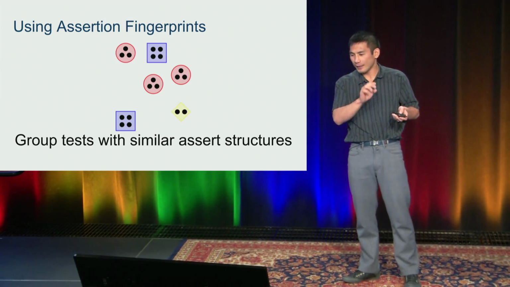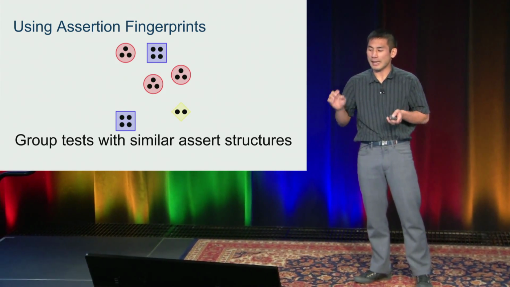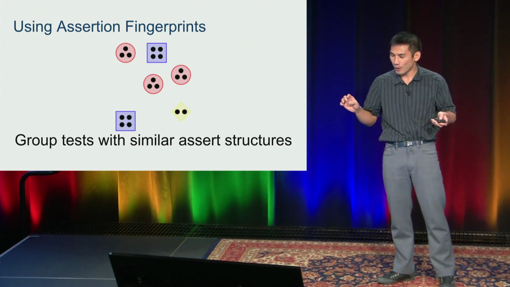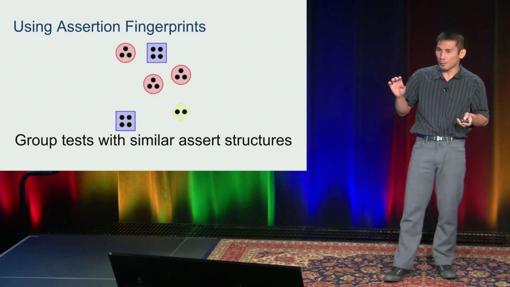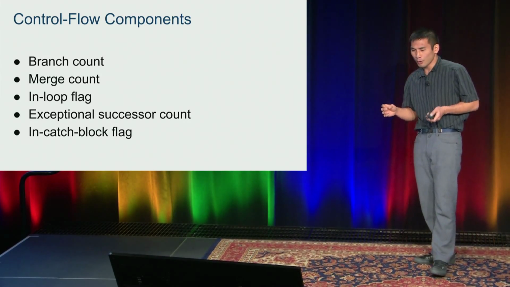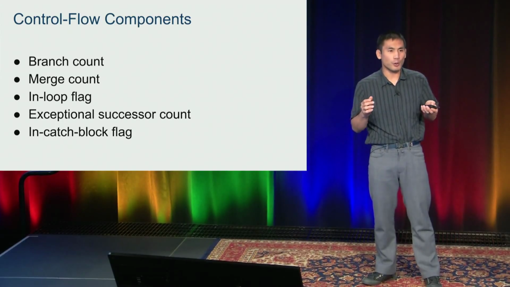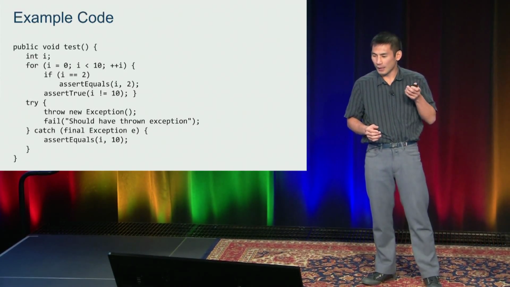We say that the 3 circles are in one set of similar methods, and the 2 boxes are in another set, and the diamond is all by itself. So we're going to say these are similar test methods. You should probably look at them to see if they're refactorable. We also collect some control flow components. So there's a bunch of different information that we use to look at the assertions and further classify them.